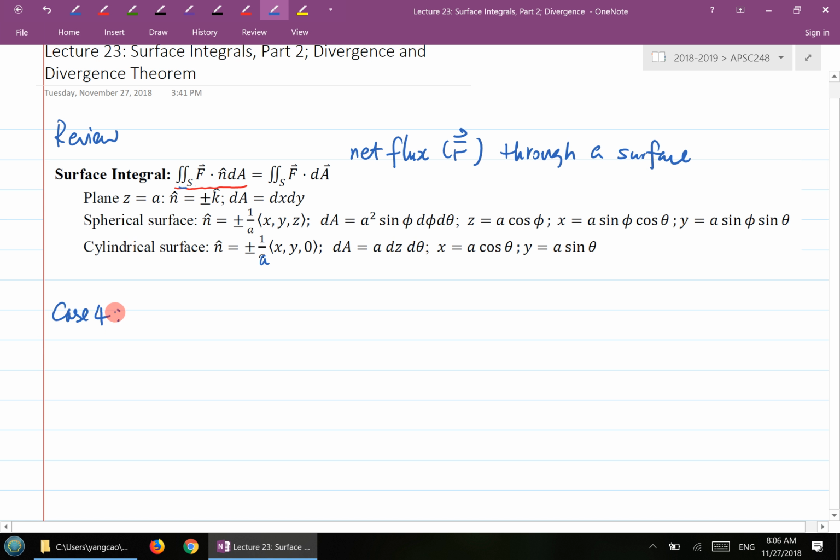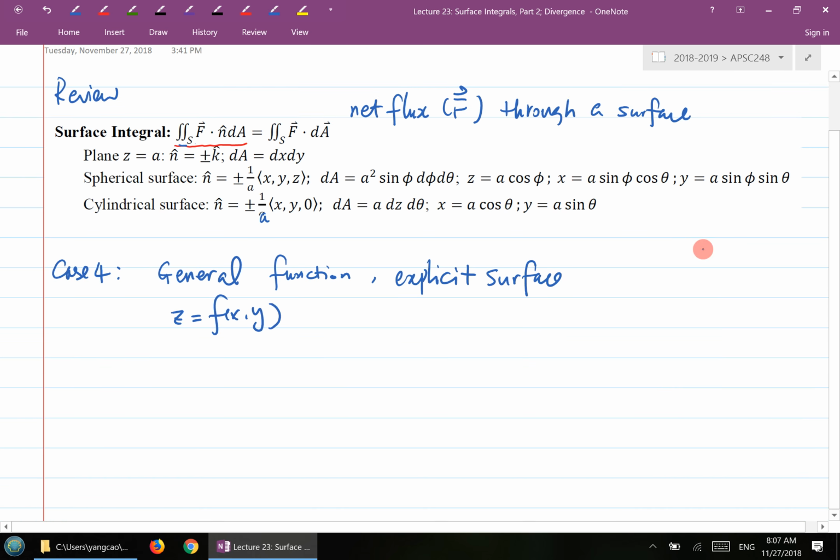The last case we're going to look at is more of a general function. Specifically, we call it an explicit surface, z equal to f of x, y. This is something we have when we cover multivariable functions.